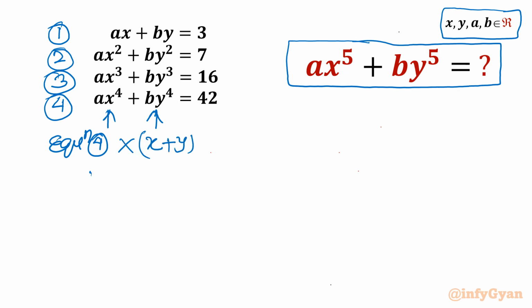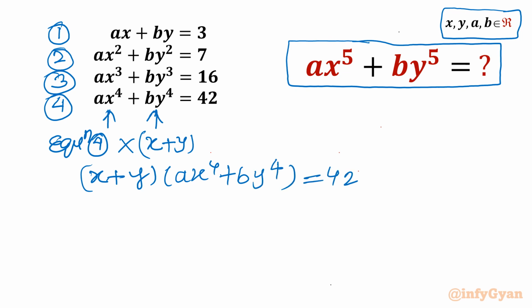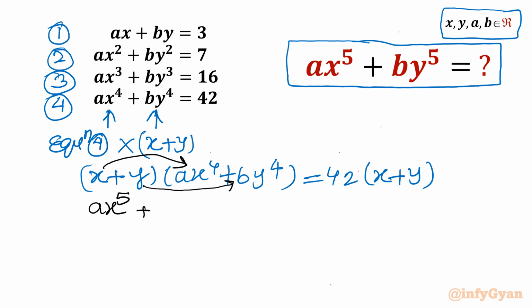So I will write here x plus y times the LHS of 4, ax^4 + by^4, equal to 42 times x plus y. Let's multiply. x multiplied with ax^4, I will write ax^5. y multiplied with by^4, I will write by^5.